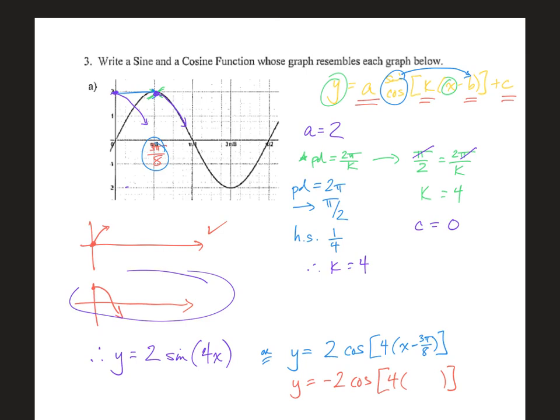So a negative cos curve means that we are reflected in the x-axis. And so rather than starting at the top of our curve, we start at the bottom and rise. So where does this graph that was given start at the bottom and rise? All the way over here. And so I could have then shifted my curve all the way to the right.